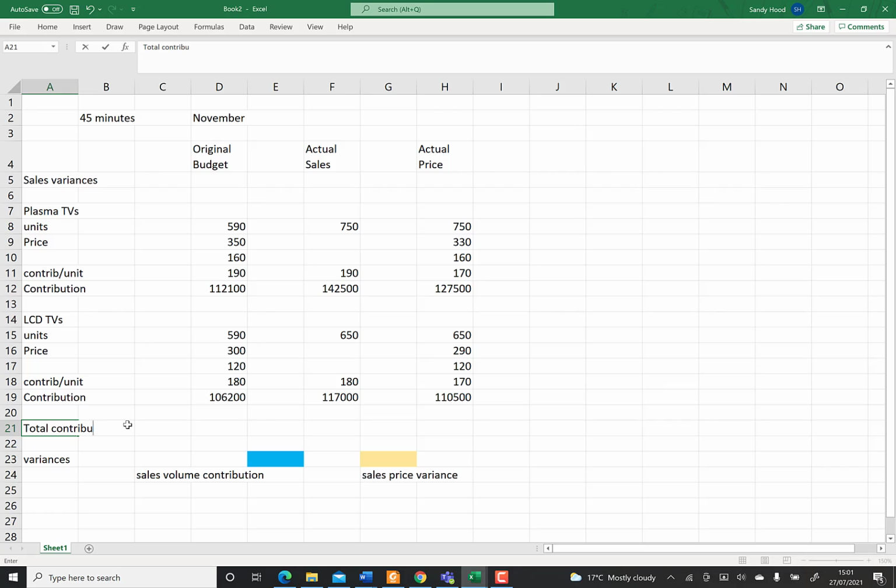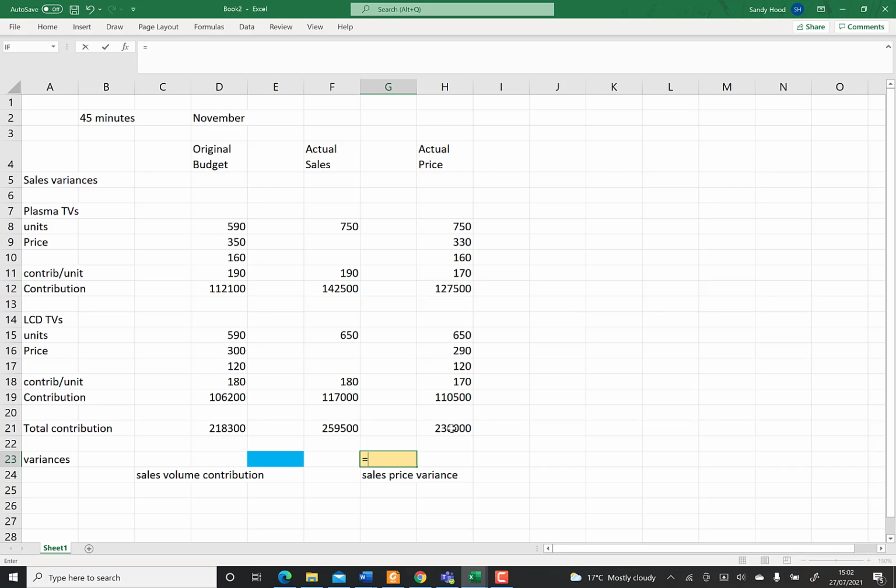And now I've got my total contribution coming up, which is the two contributions added together. Drag that along. Do a take away sum.